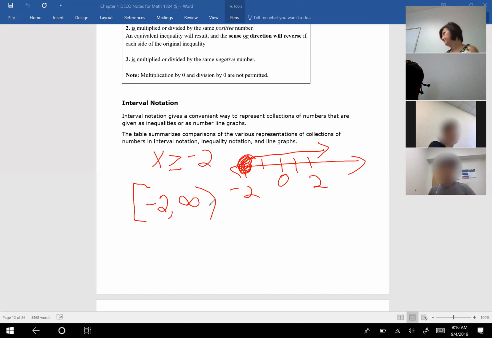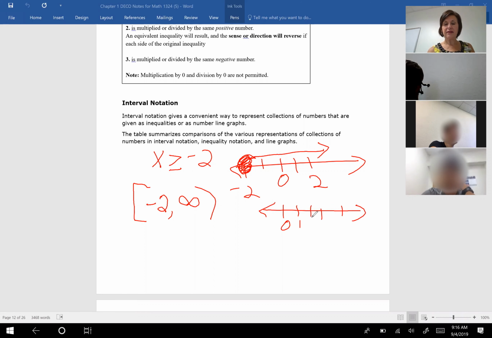Yes? Does it matter if you solve the... you have like a bracket? No, in fact, let's look at that. So if we had something that looked like this, and let's say we had something that started at 1, went to 4, and everything in between was included. How would that look using interval notation?